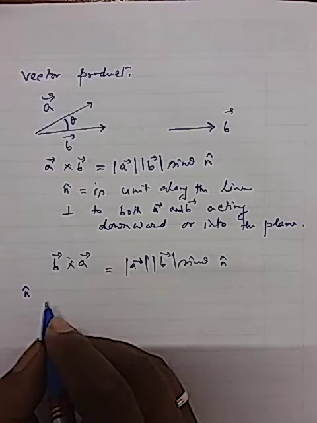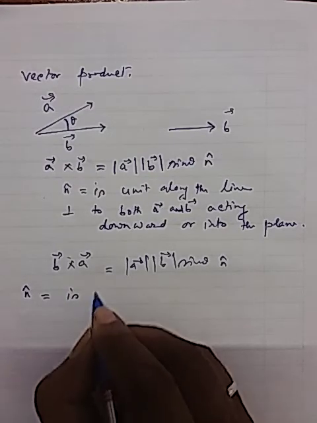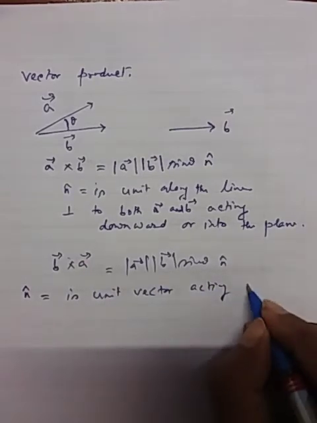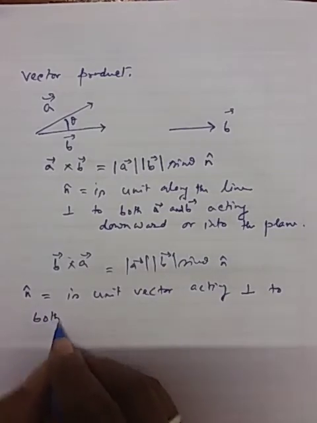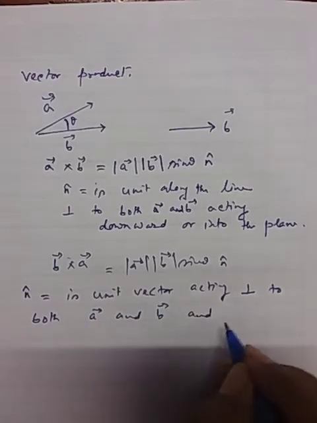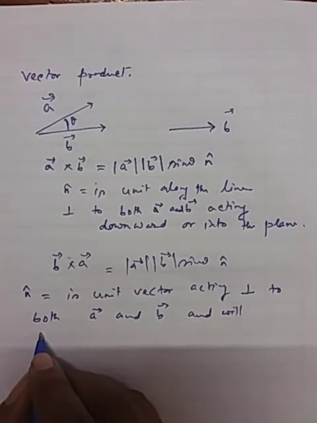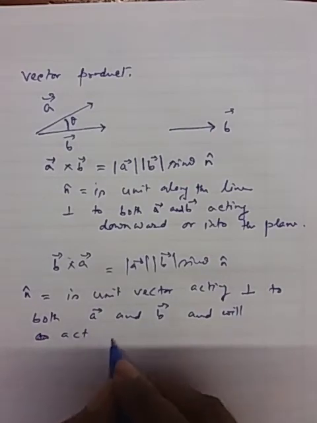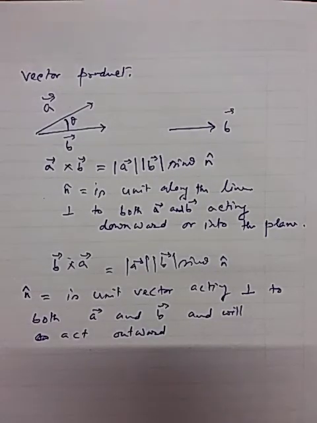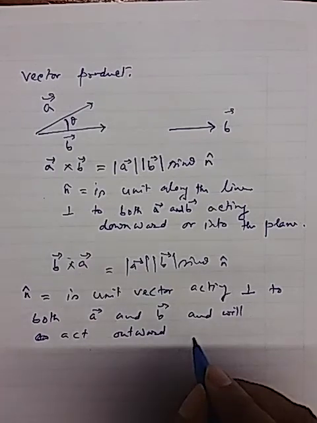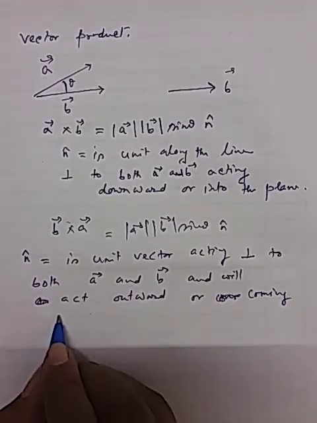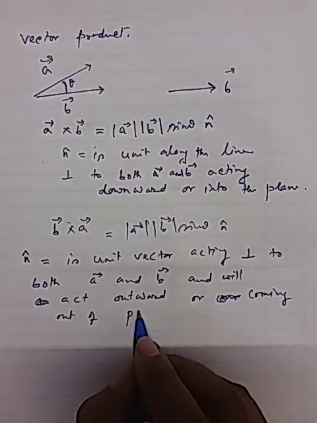What is n cap? N cap is a unit vector acting perpendicular to both vector A and vector B, and will act outward, or coming out of the plane.